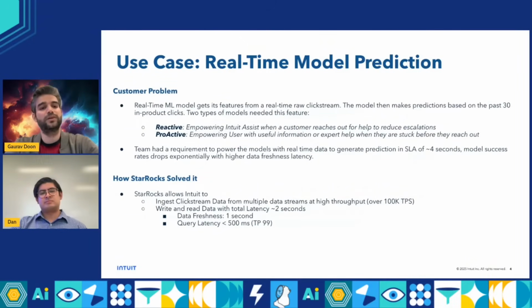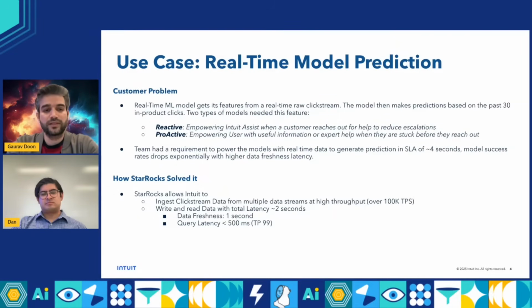Now, let's talk about the use cases that we have been solving at Intuit. These are just two examples that I'm going to talk about. Both are for real time, but on different spectrums. So, the first use case that is powering multiple machine learning models today is the real time model prediction.